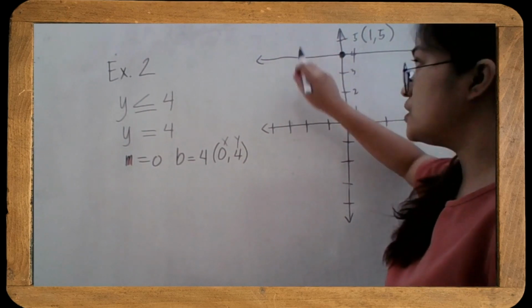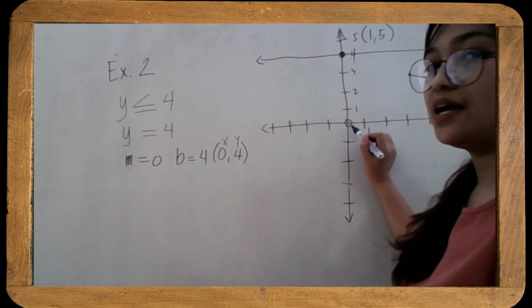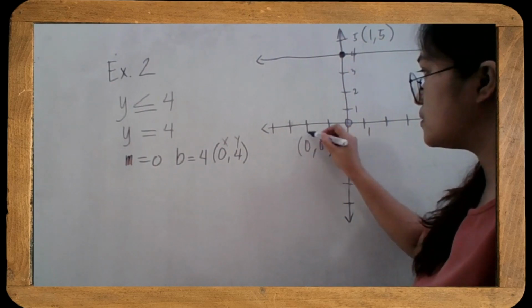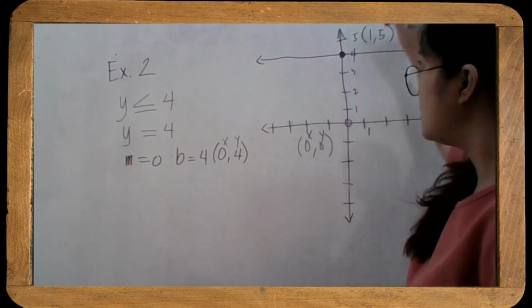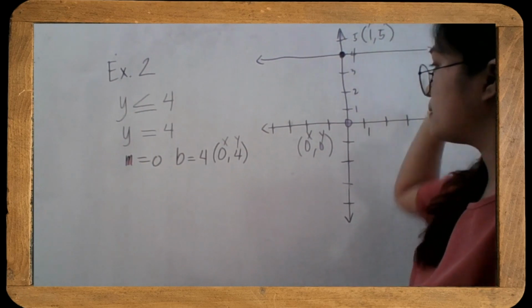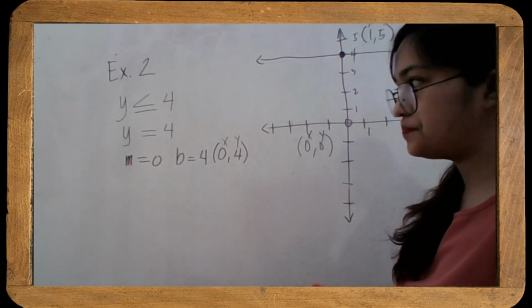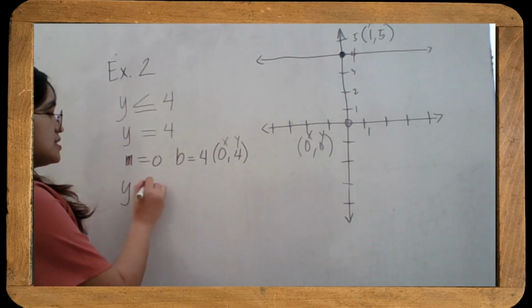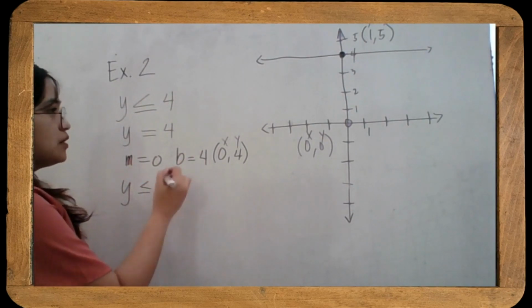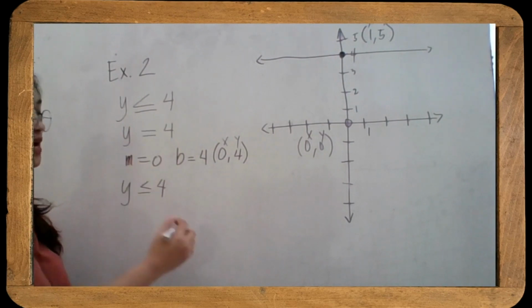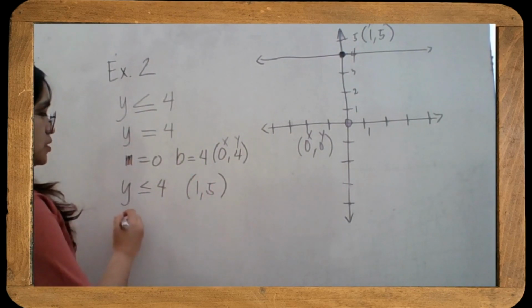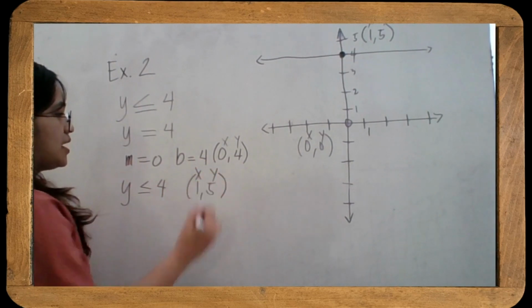Okay, region 1. For region 2, ang gamitin natin ay the origin, which is (0, 0). So, this would be the x and the y. Okay? Then, let's substitute. We have y is less than or equal to 4. Ang uutahin natin ay yung 1 and 5, so x and y.